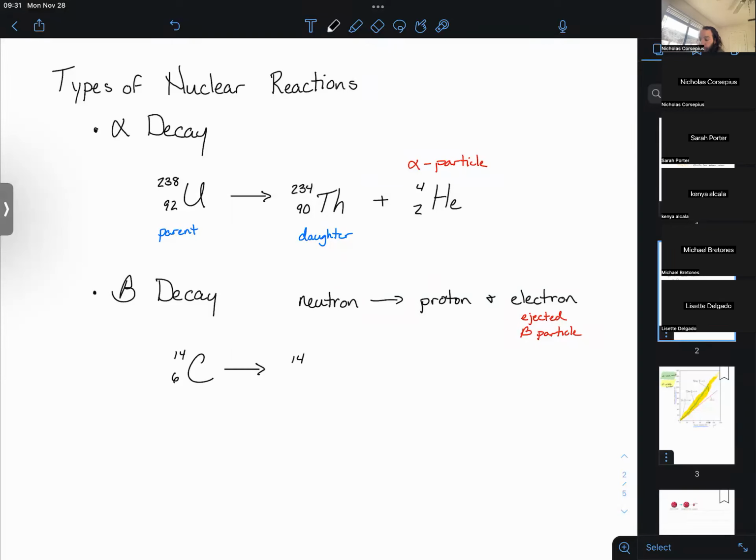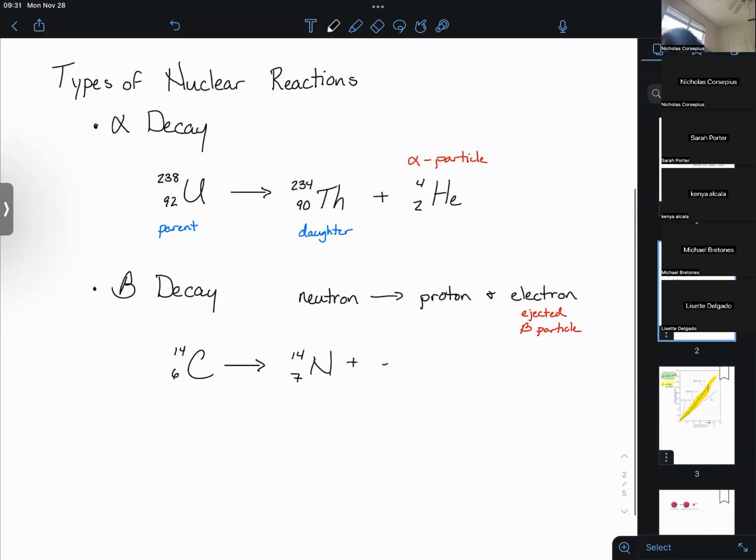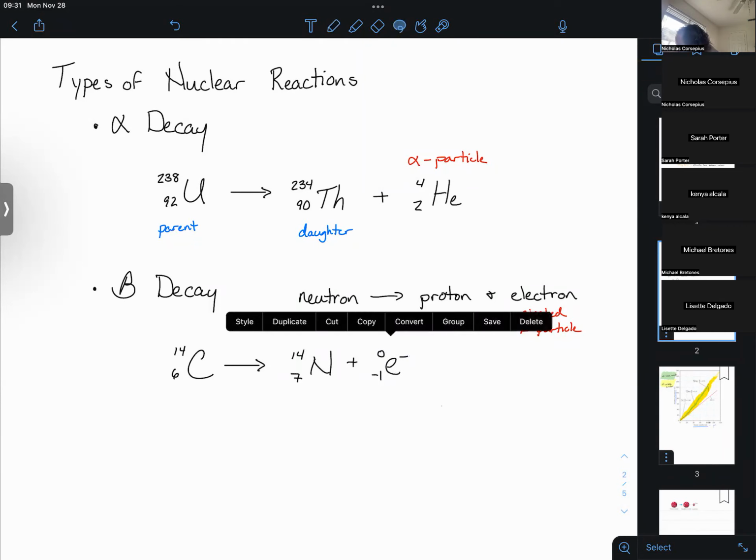But again, one of those neutrons has become a proton. So I'm going to increase my atomic number by 1, increase the number of protons by 1. All right, so a carbon-14 atom becomes a nitrogen-14 atom, and again, an electron gets ejected. So this is how we do electrons in nuclear chemistry.